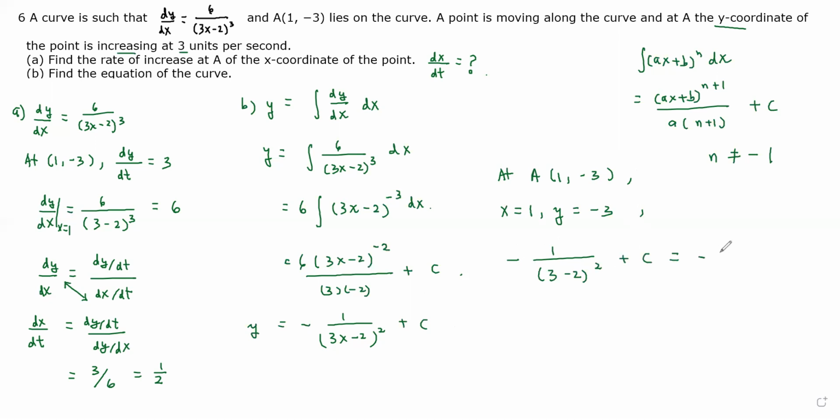Y is negative 3. You can just flip this around. That is negative 1 plus c equals negative 3. So that c is negative 3 plus 1, which is negative 2. And finally, the equation of the curve is y equals negative 1 over the square of (3x minus 2), minus 2.